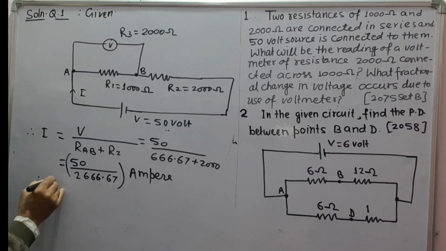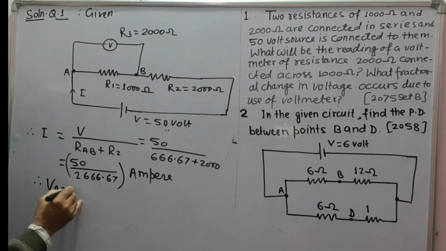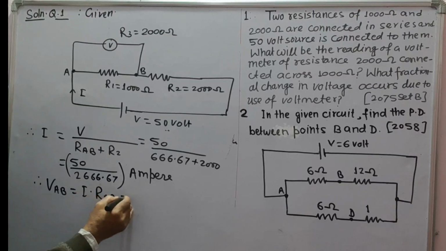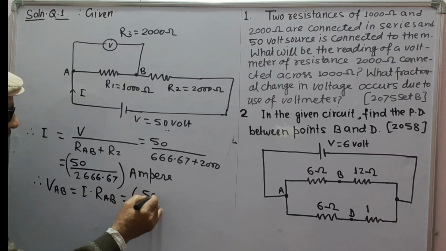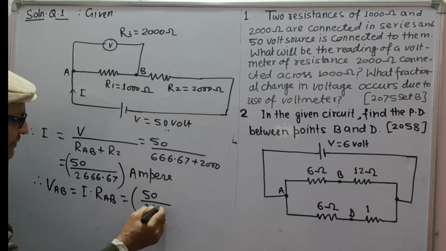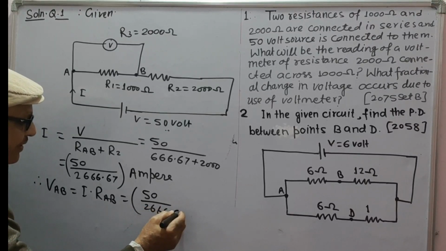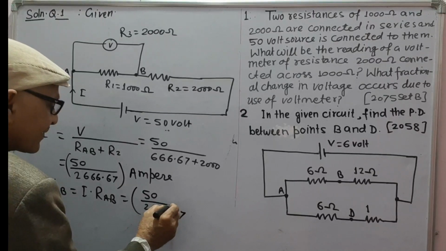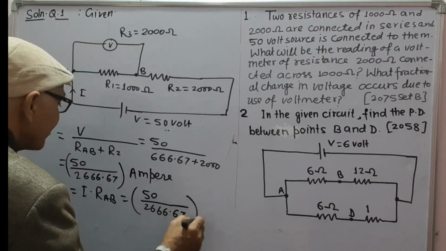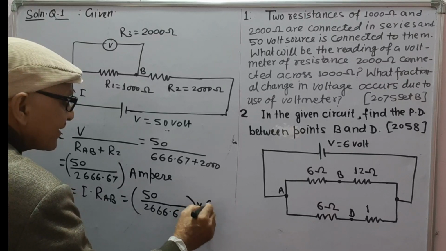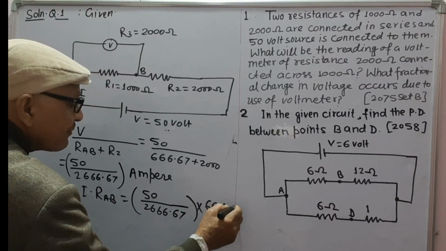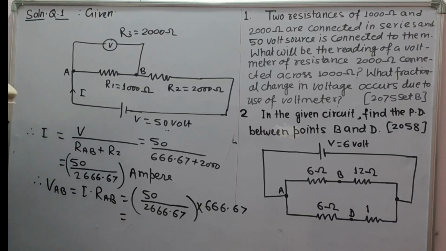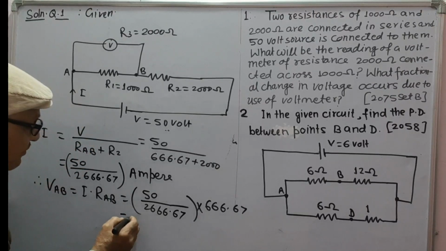Therefore, reading of voltmeter will be equal to I into RAB. I is 50 upon 2666.67 into 666.67, which gives 12.5 volt.